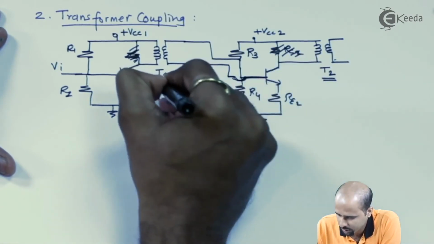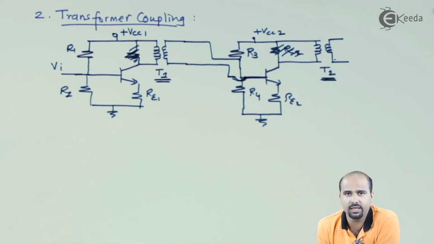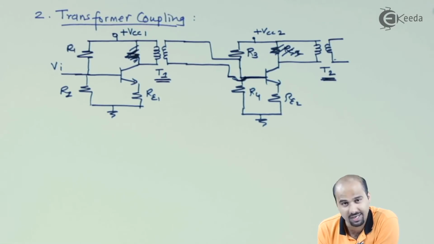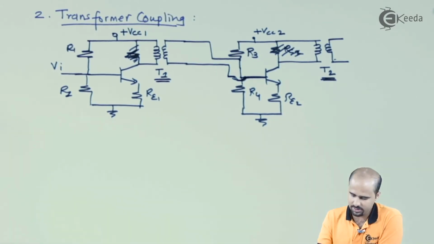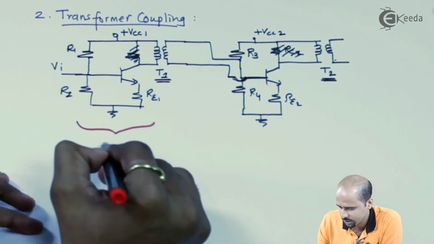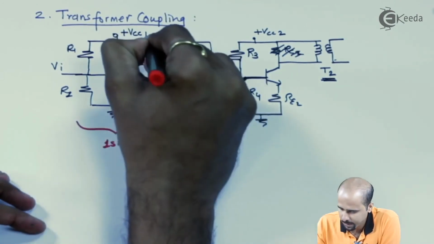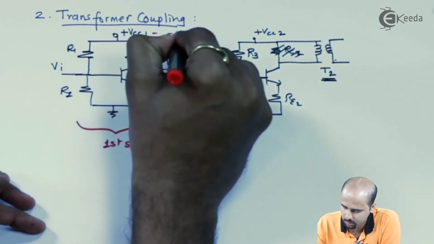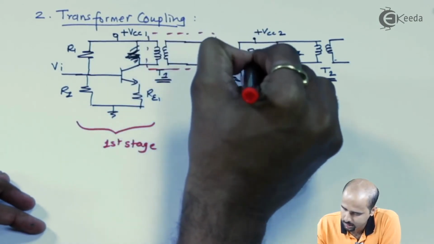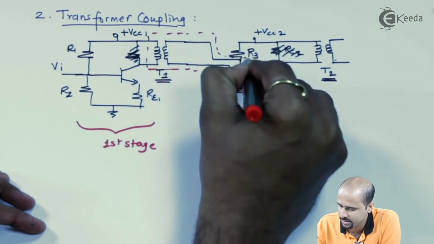Here what we are dealing with, we will be getting excellent impedance matching. That is nothing but your biggest advantage as far as transformer coupling is concerned. So we will say that this is your first stage. This is the part which we are dealing with, how it is getting connected to the input of the second stage.